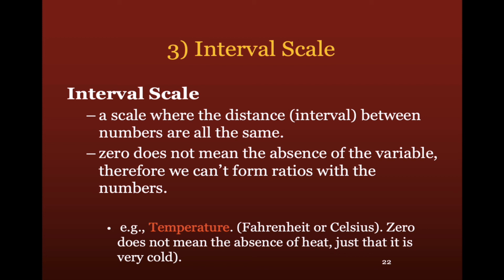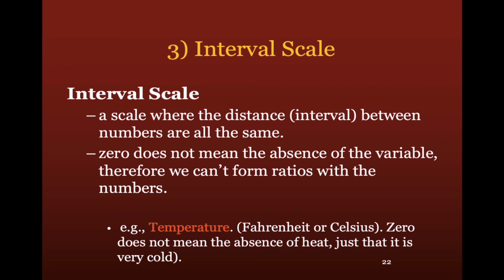So let me give you an example of an interval scale. Let's go with Fahrenheit, right? With Fahrenheit, the distance between 40 degrees and 41 degrees is the same as the distance between 41 degrees and 42 degrees. So the distance between all the possible outcomes is constant.